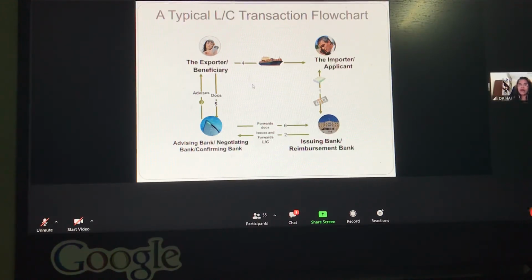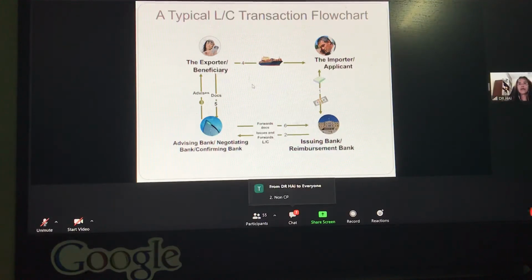Now I want you to remember that after receiving the documents by step number 6, the issuing bank checks the documents. There are two different cases. The first case is documents are CP. The second case is the opposite, I mean non-CP.